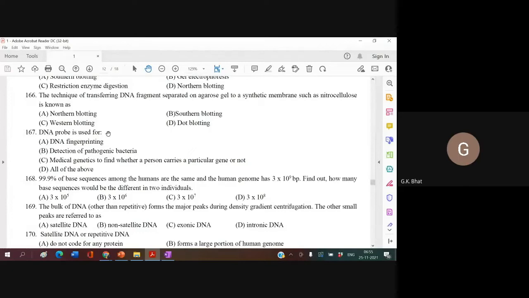DNA probe is used for A. It is all of the above.